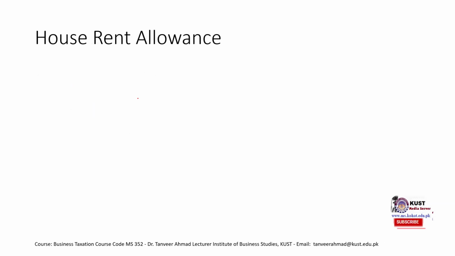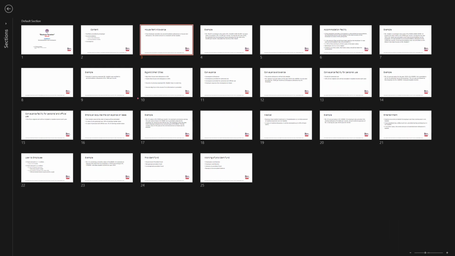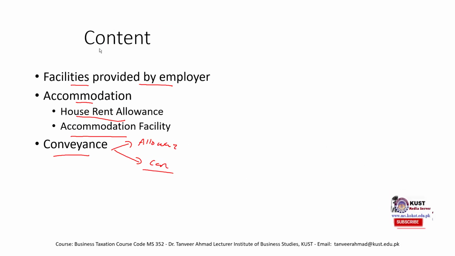So starting with the house rent allowance, remember within accommodation facility, we had house rent allowance, which is provided in terms of money, right? When you get your salary, your salary would include basic salary, right?